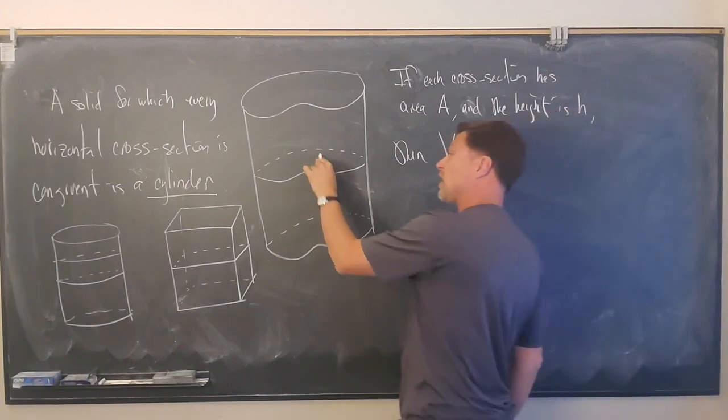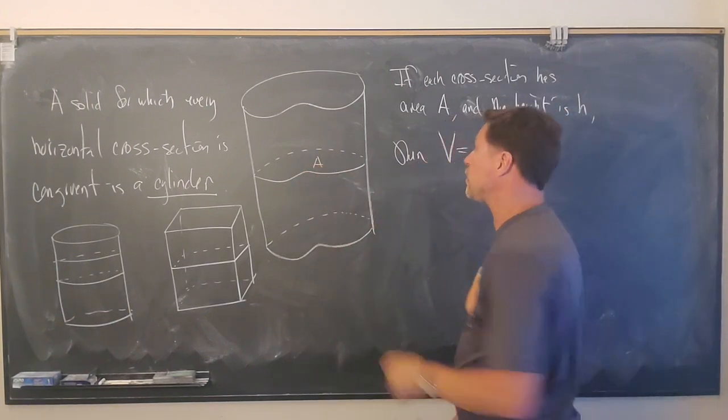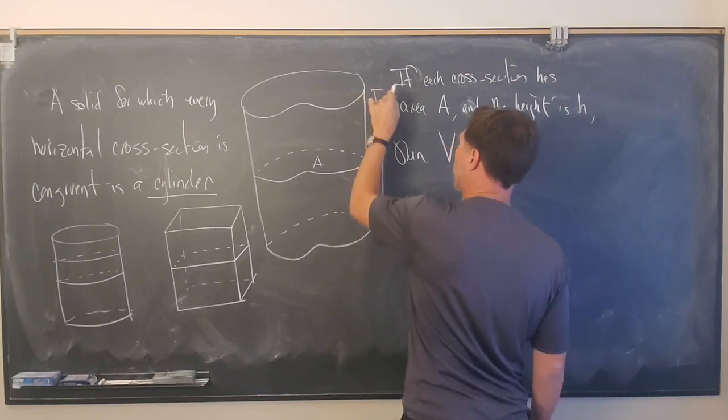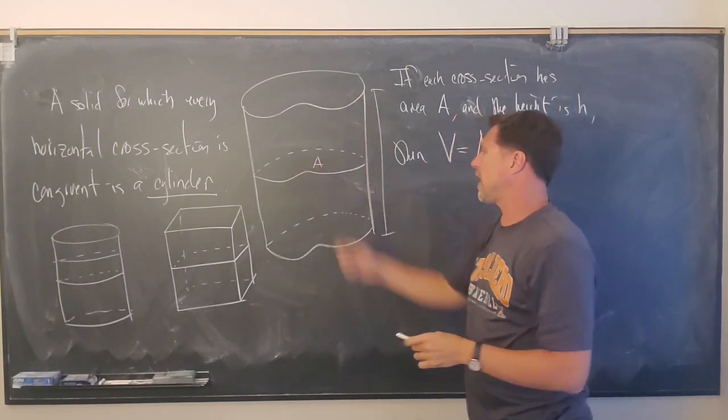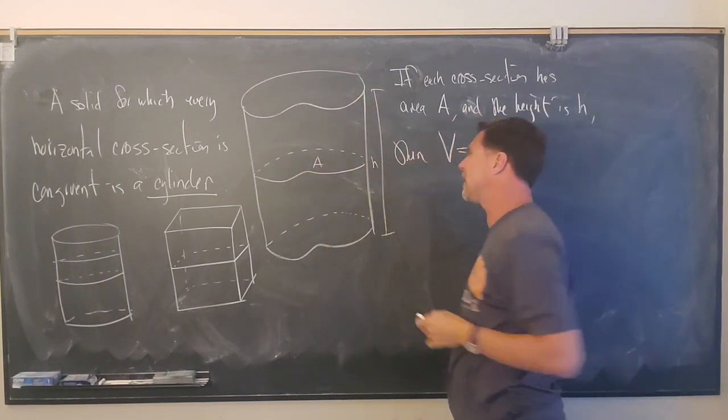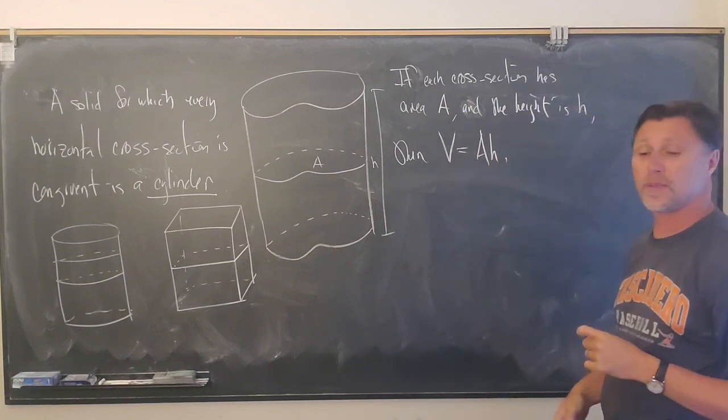So if each of these cross sections has area A and the height is h, then we say that the volume is equal to A times h.